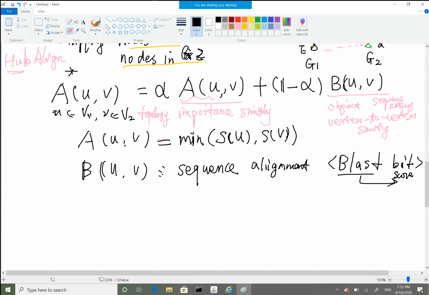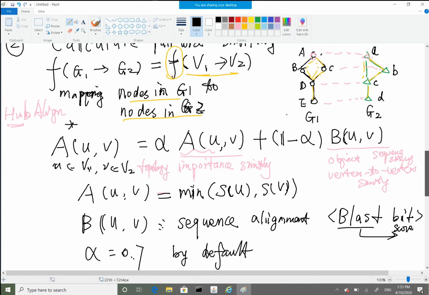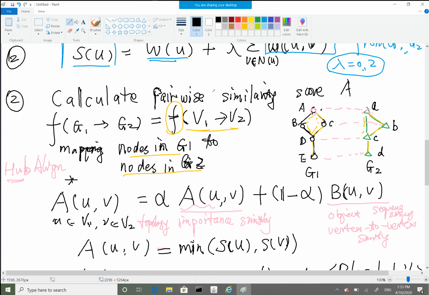The author treats alpha as equal to 0.7 by default, corresponding to most of it coming from the topology structure, and just 0.3 coming from sequence alignment. And corresponding to importance, the vertex importance is very important to decide the function of this network, how similar the two networks could be.